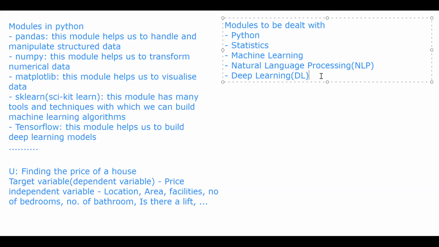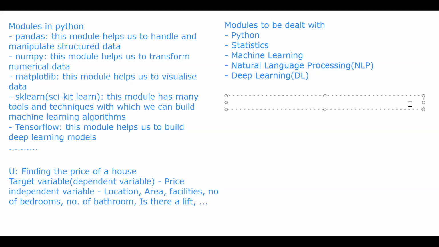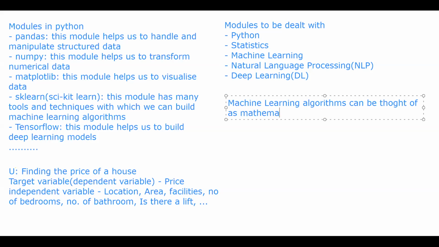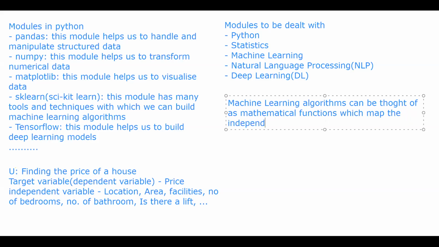And going to machine learning, now I can think of machine learning algorithms as, so let's just write what machine learning algorithms are. Machine learning algorithms can be thought of as mathematical functions which map the independent variables to the dependent variable.